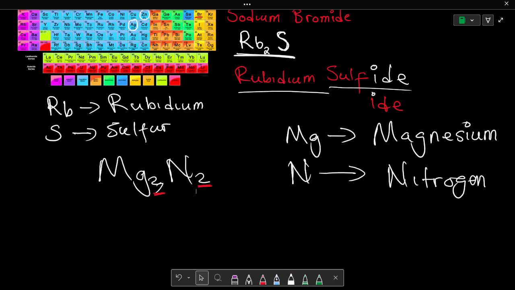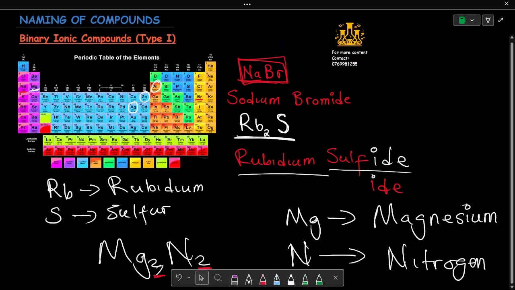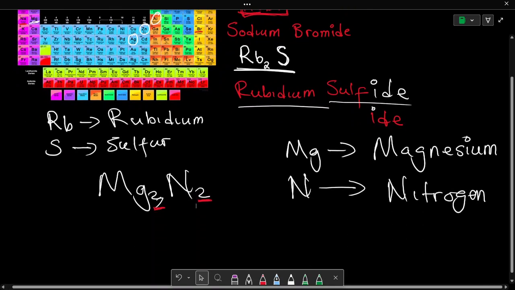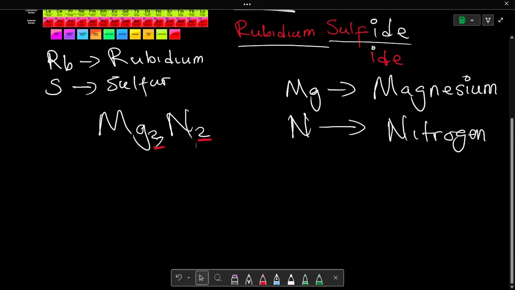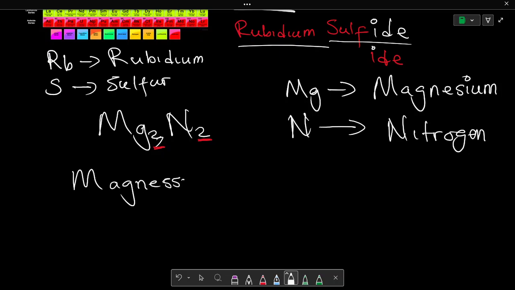As long as you've determined that this is a binary ionic compound of type 1, you are only going to take the name of the metal as the first part. So this is going to be magnesium.